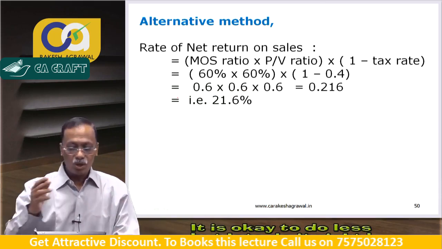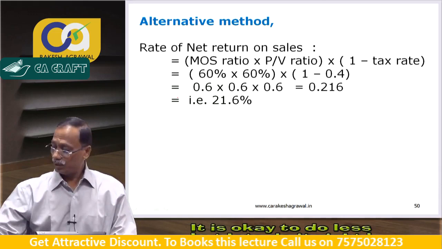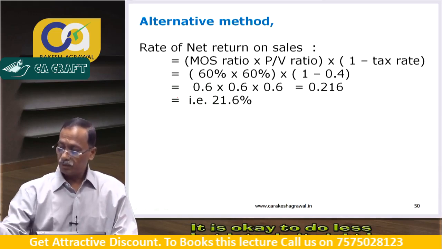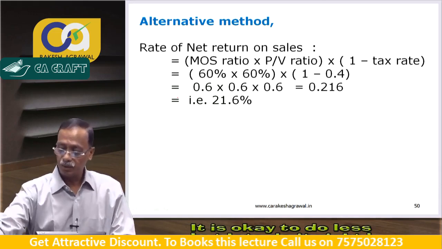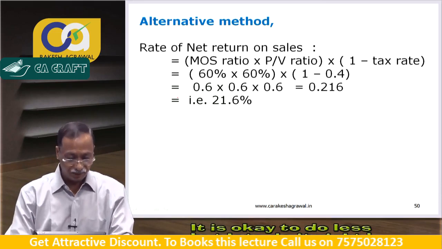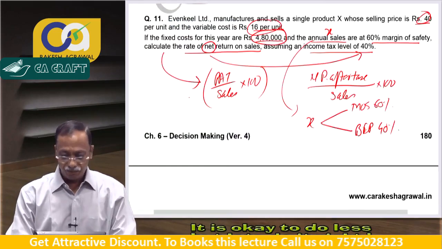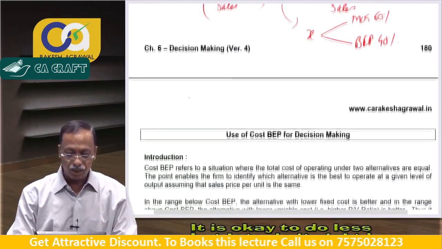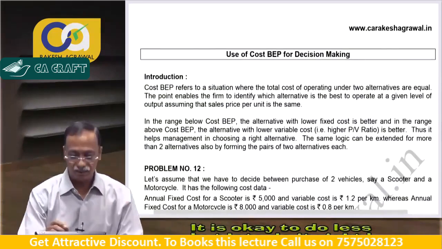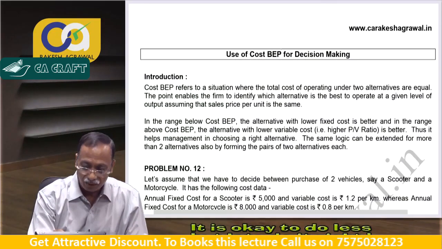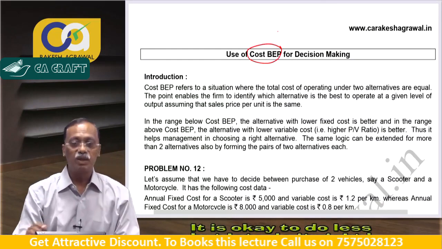Okay. So my dear friends, this was question number 11. Now we have completed the basic questions. If you remember, with number 11 the basic questions are over, and now we are moving to actual CA final level. That is the use of another type of BP, cost break-even point for decision making.